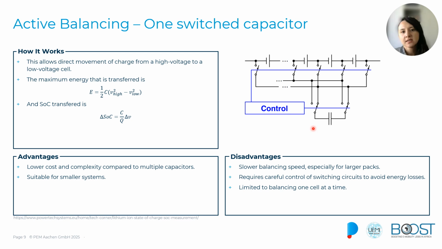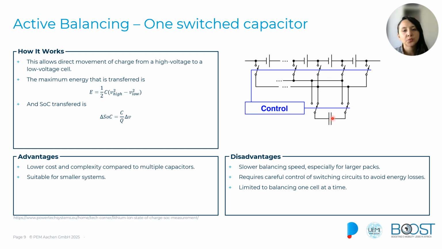In this case, the balancing process will work in 3 steps. In the first step, with this network of switches, we will connect this capacitor to the cell that has the higher voltage, and like this, the single capacitor will be charged.